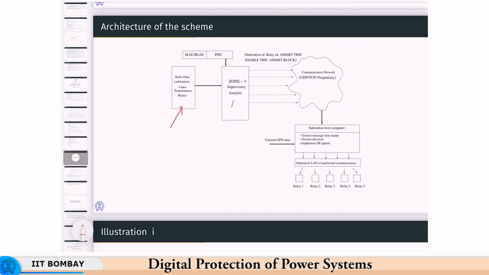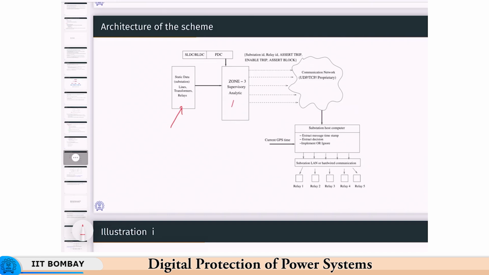The PMU architecture is there in the earlier slide. From here it will issue a message which will have the decision, which is assert trip or enable trip or assert block, the timestamp (not mentioned here, but there will be a timestamp also), and then the IDs of the substation and the relay.